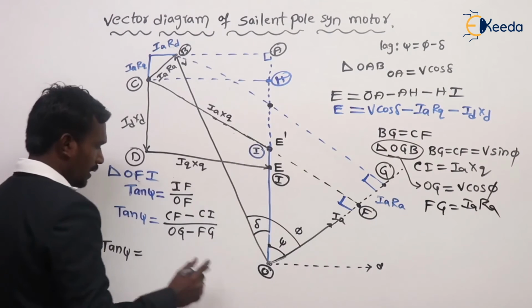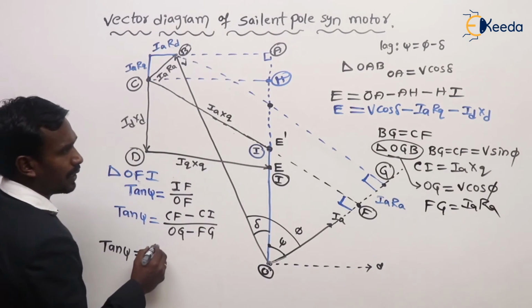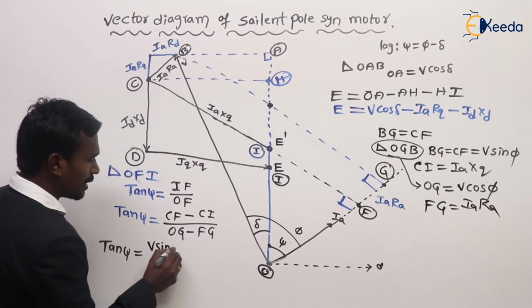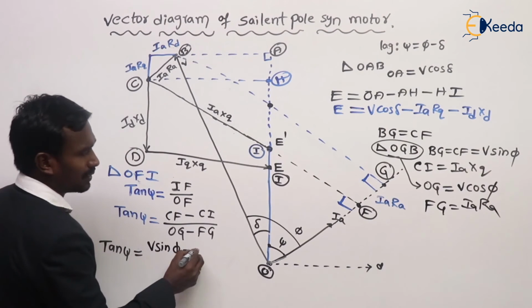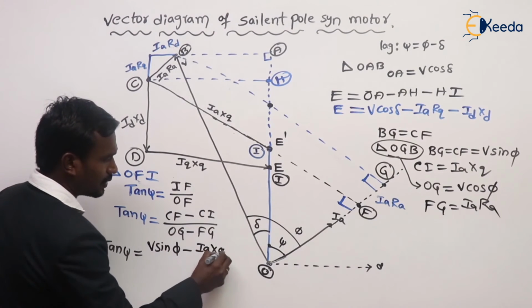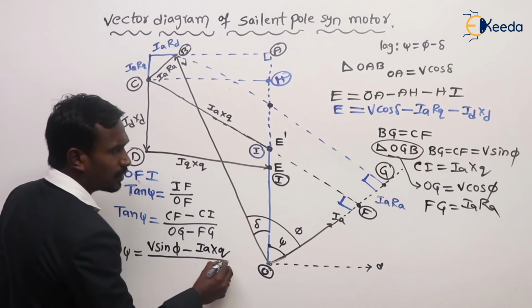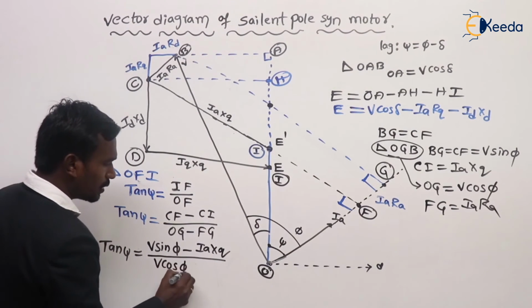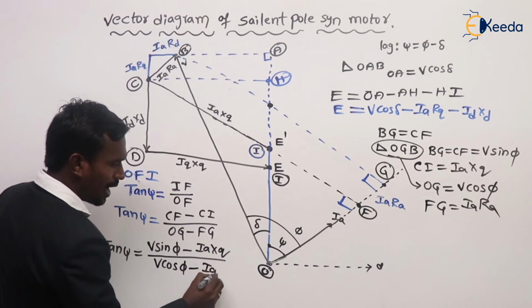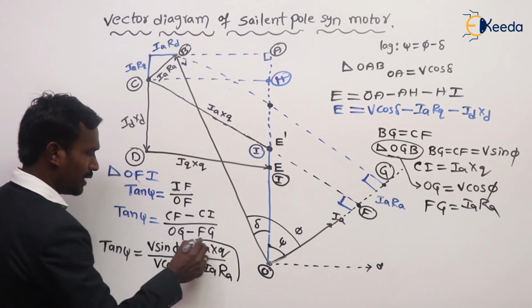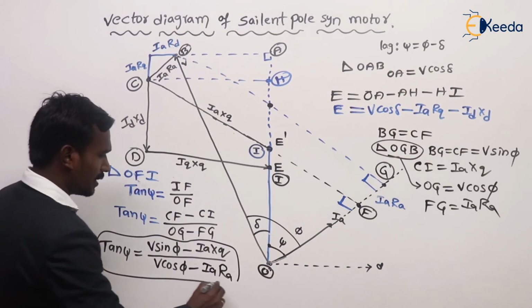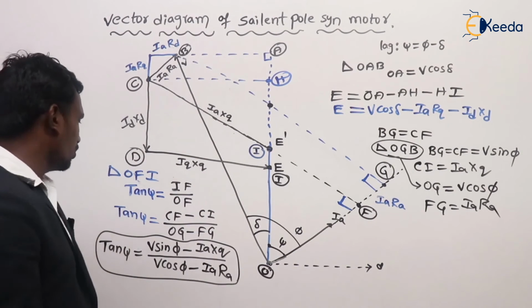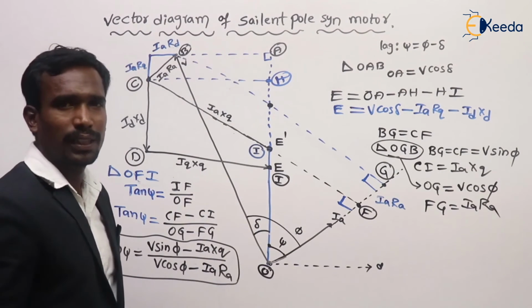So now tell me, tan xi is equal to CF, which is V sin phi, minus CI, IAXQ, upon OG, V cos phi minus IARA. This is simply the tan xi value, which is very, very important.